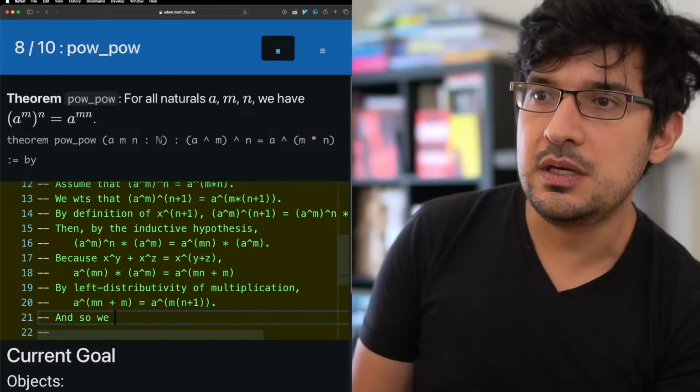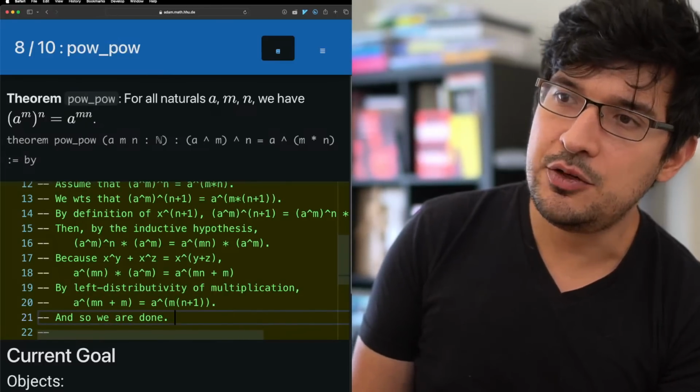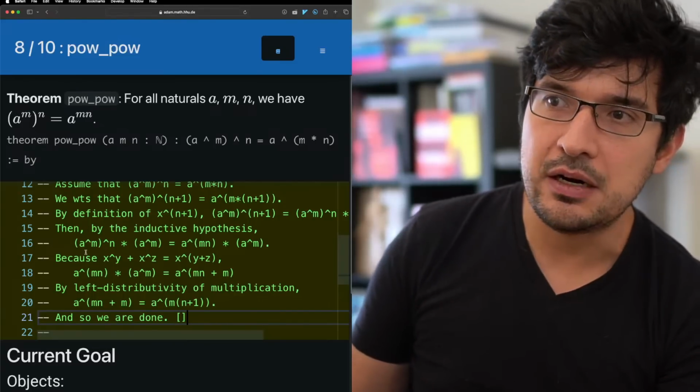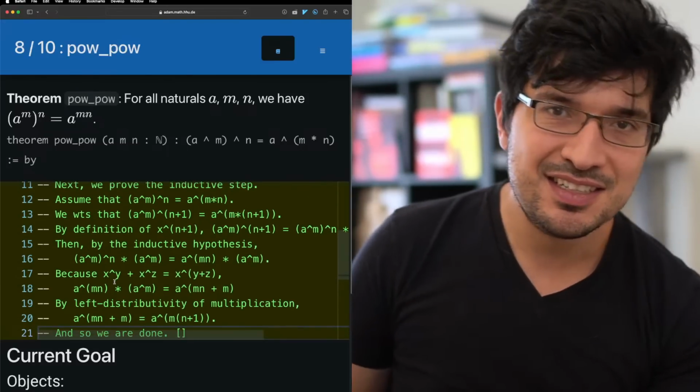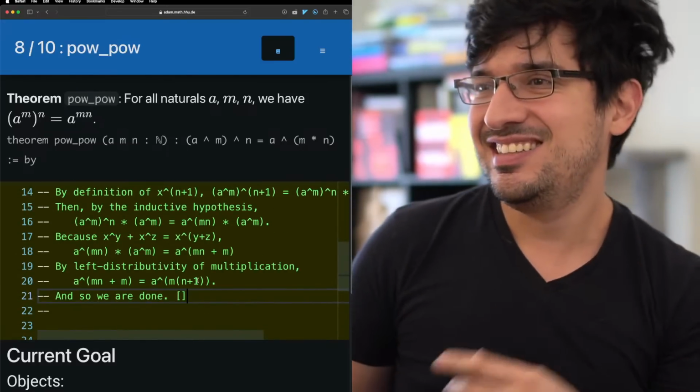And so we are done. And then you draw a nice little square. The cute little square is like your signature that says, we're done, voila.